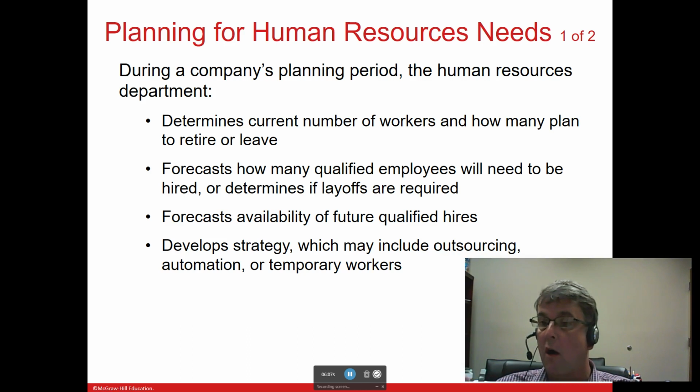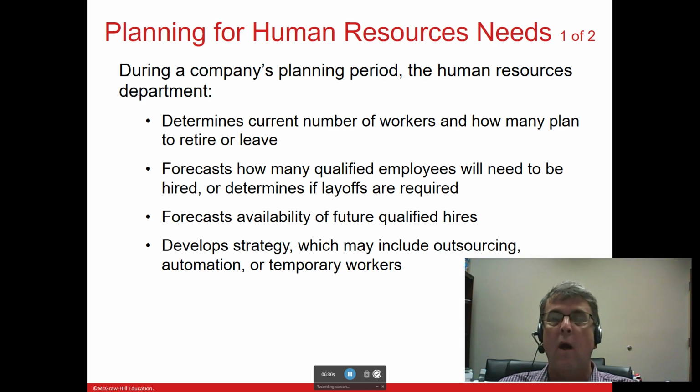Those things are valued by the firm. So we have to be planning on replacing those assets when someone retires or leaves. So part of human resources is dealing with the fact that people leave the company.